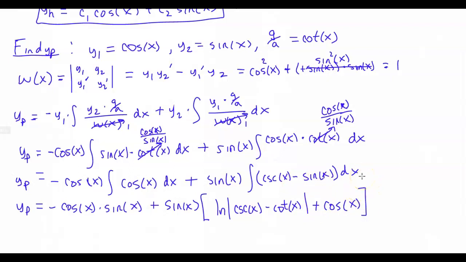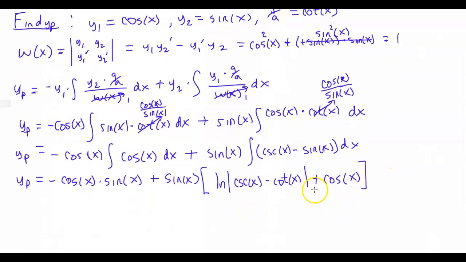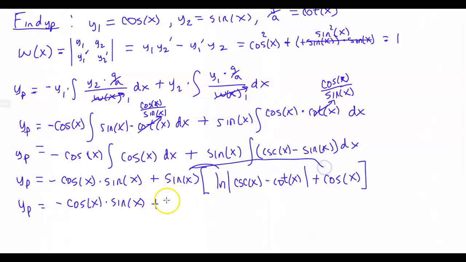Okay. And so from here, all we have to do is just simplify as much as we can. And the main thing here is to distribute this sine x to both terms.